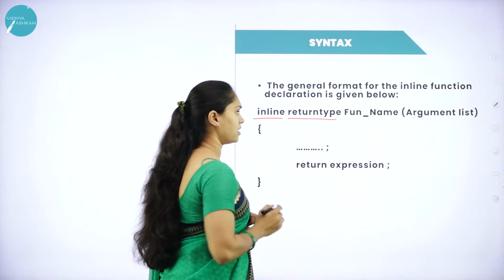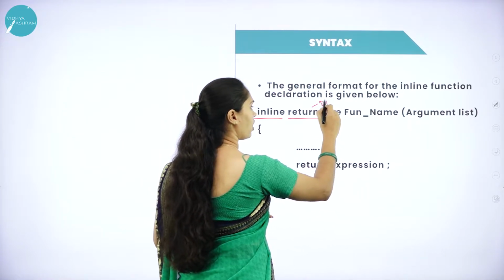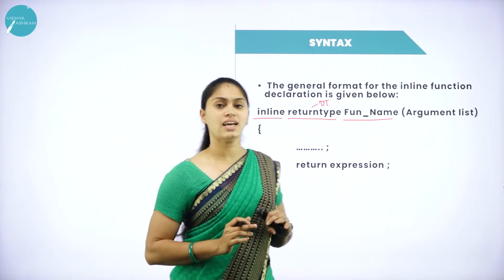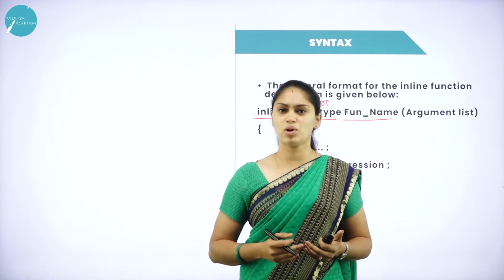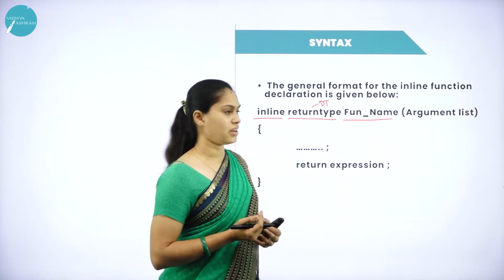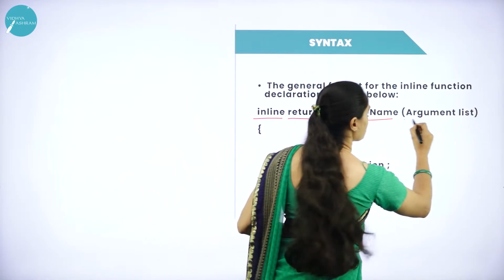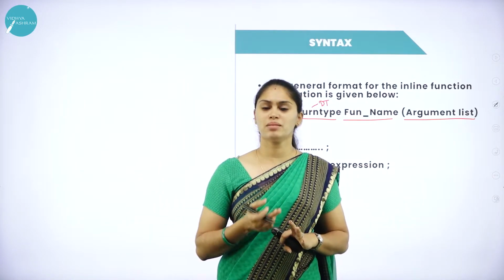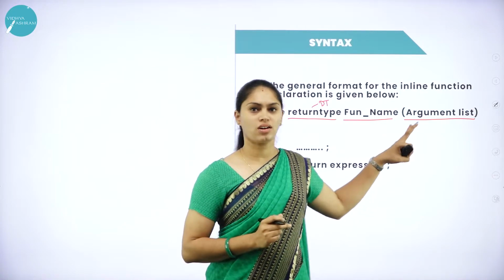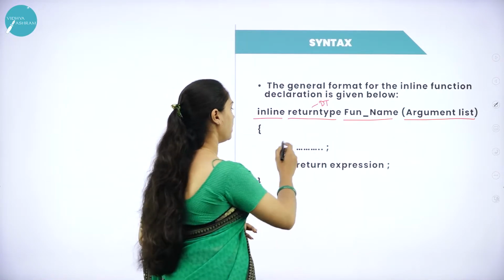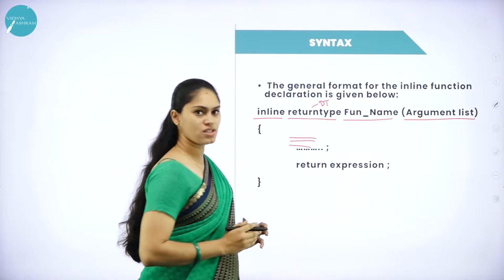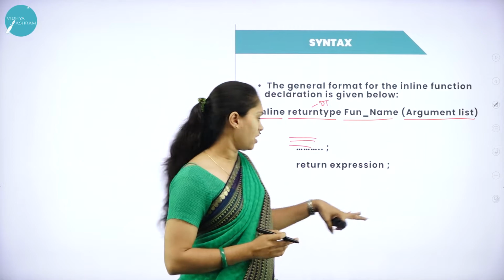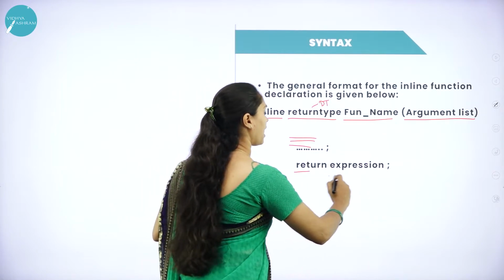Then I have the return type, which is nothing but the data type, and the function name, which identifies the inline function in my program. After that I may have an argument list, which is nothing but the variables I send to the inline function. It comprises a set of code, that is the function body, because I am defining it here.